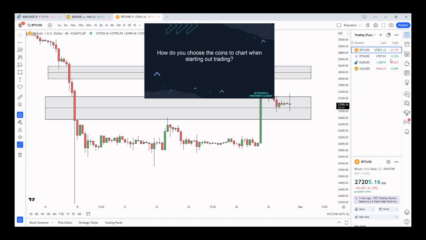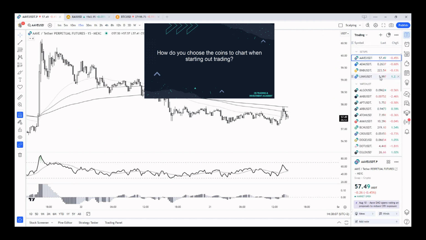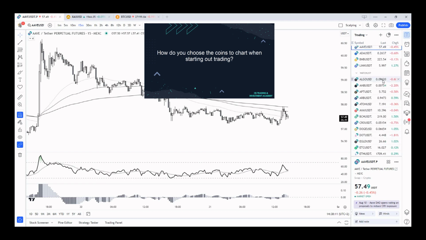Sometimes Ether, but that's just 4 coins with a lot of liquidity, less volatility than other coins. Then for the 180 trade challenge, I only stick to the top 50 coins.